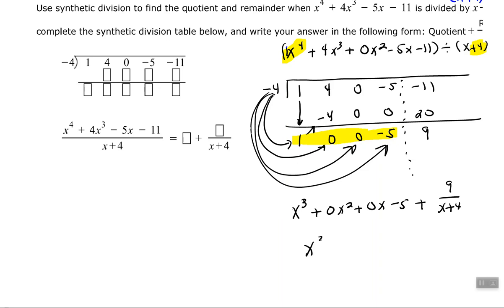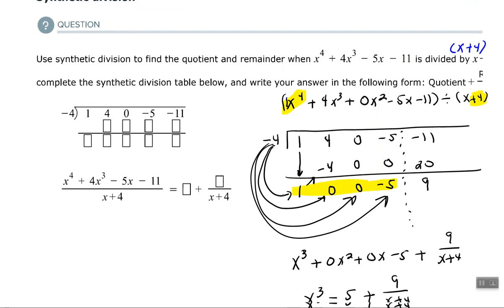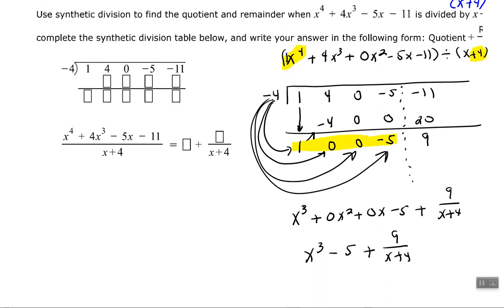So again, x to the third minus 5 plus 9 over x plus 4. I think we just worked a problem similar to that one, or the exact problem. So I'm not sure how it snuck back in there, but that was good practice.